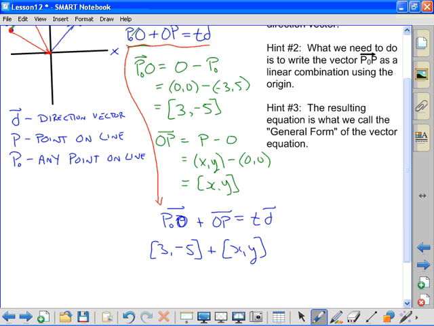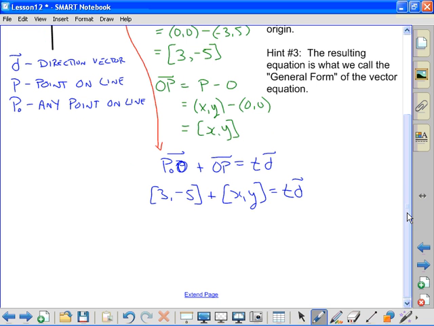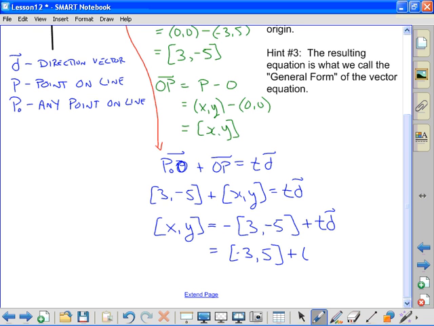So I'm just doing the substitution for the stuff I just solved up above. And what I want to do is solve for x, y. I want to get x, y isolated. So x, y equals the negative of 3, -5 plus tD, or finally putting it, -3, 5 plus t times our direction vector.